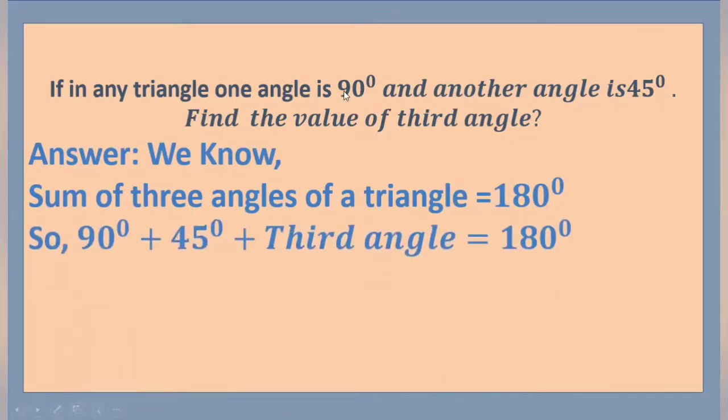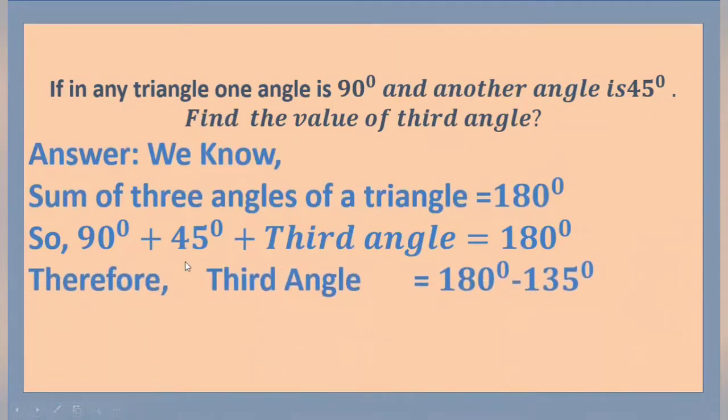So here, as one angle is 90 degree, another angle is 45 degree, and we are to find the value of the third angle. In the second line, I have written 90 degree plus 45 degree plus third angle. At first, I have added 90 degree and 45 degree.